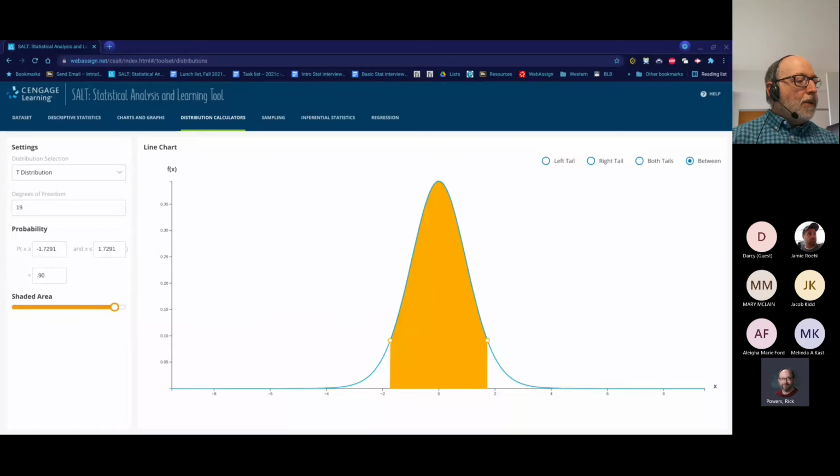Let's see if you can use SALT to find these confidence intervals. I'll set my timer for 3 minutes. See if you can make that happen.